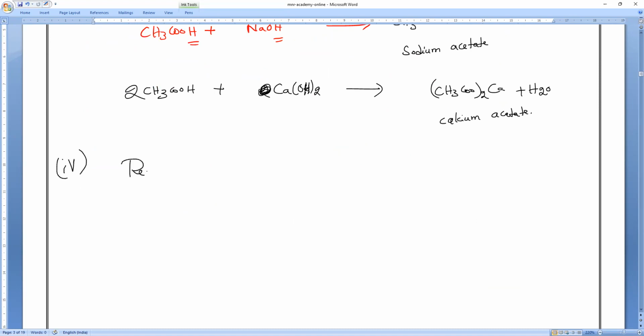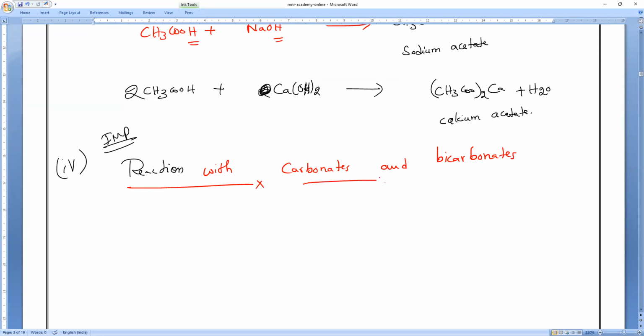Okay. Next, the fourth one, reaction with carbonates and bicarbonates. This is extremely important. Please note it. Everybody has to learn these equations. We call it a decarboxylation reaction, a very, very important reaction.